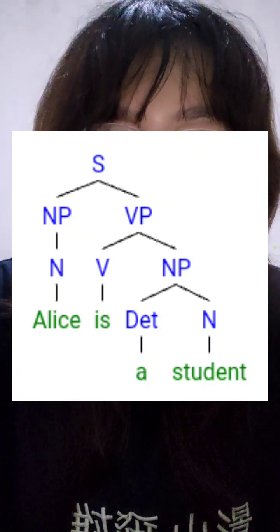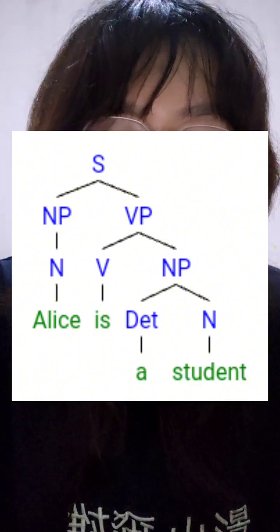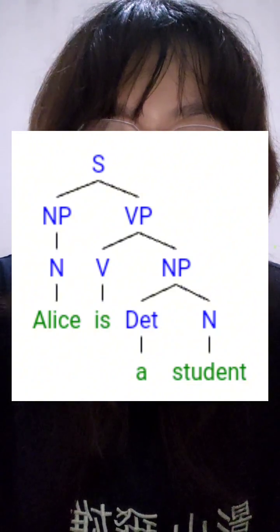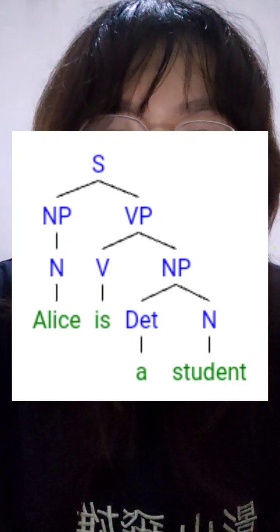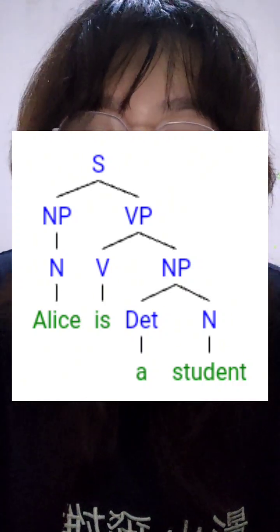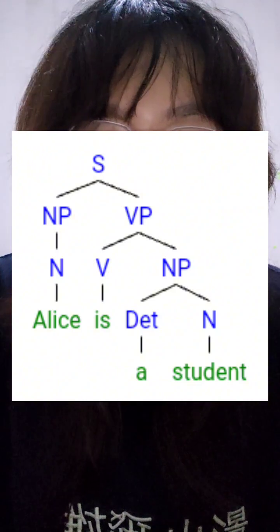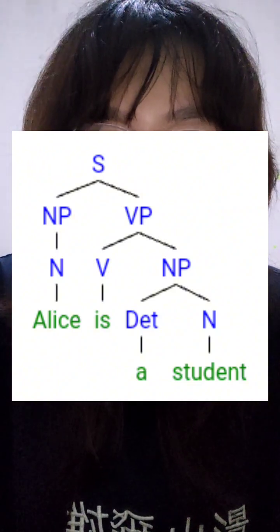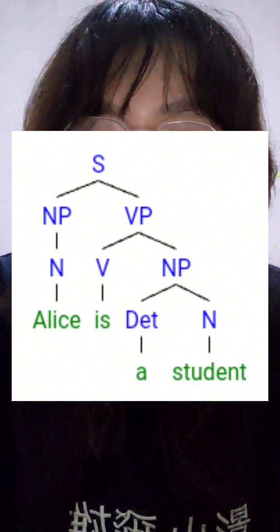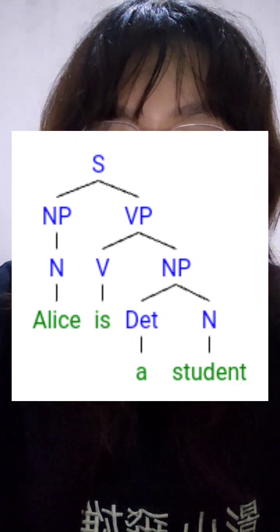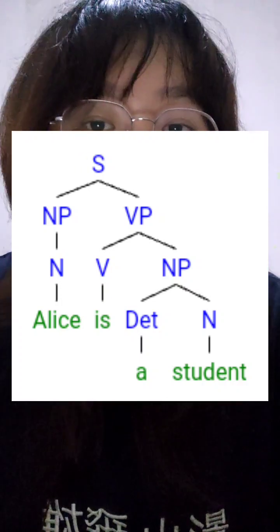Determiner a, and then student as the noun. So when you are asked how many constituents are in this sentence, there are 4 constituents. But remember, at the beginning you have to divide them into two constituents, the NP and then the VP.